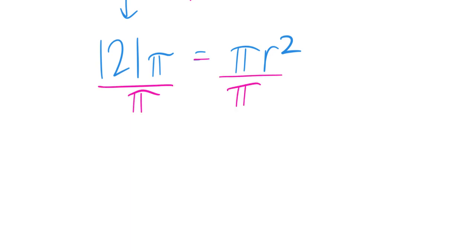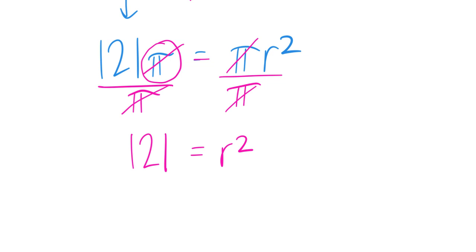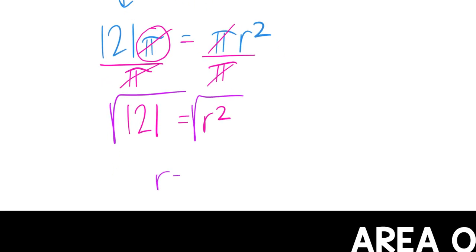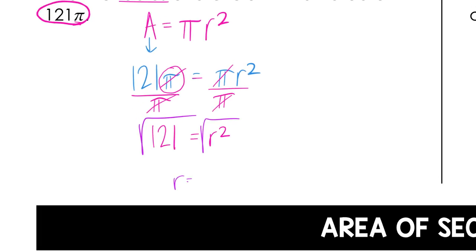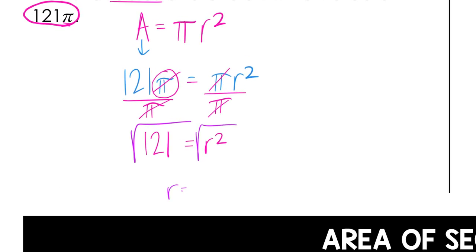In this example, you don't need to put that in your calculator, because there's already a pi in the area. These are just going to cancel each other out. Same thing over here. So you're just going to have 121 equals r squared, and then you could just square root both sides to get the radius. So the radius would be the square root of 121, which is 11.